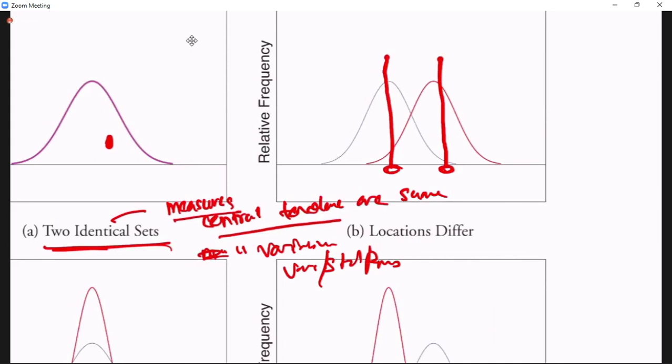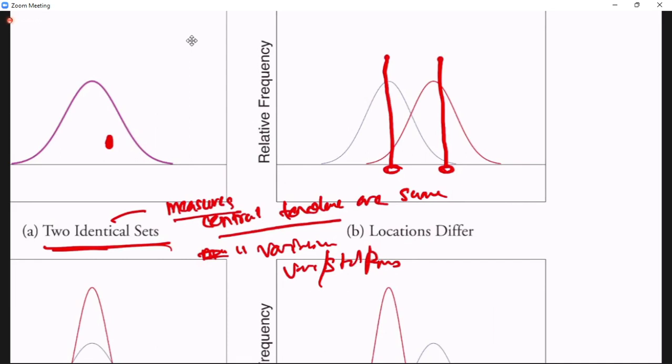But there's only one difference. What is the difference? You need to understand it by looking at the graph. Although their shapes are similar, their locations are different.